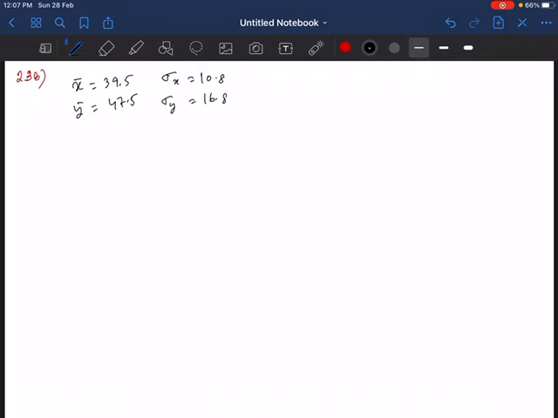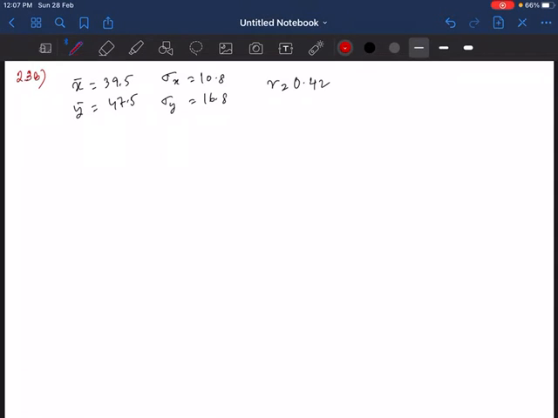And the coefficient of correlation between the marks is given, so r is 0.42. These are the facts they have given, and we have to find the two regression equations.